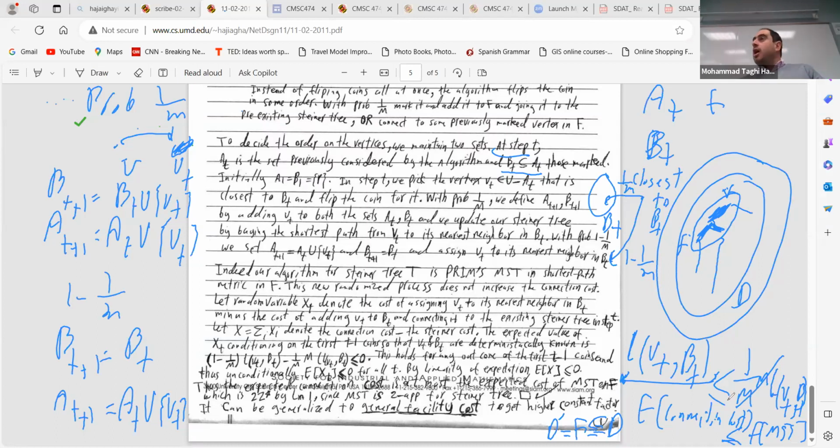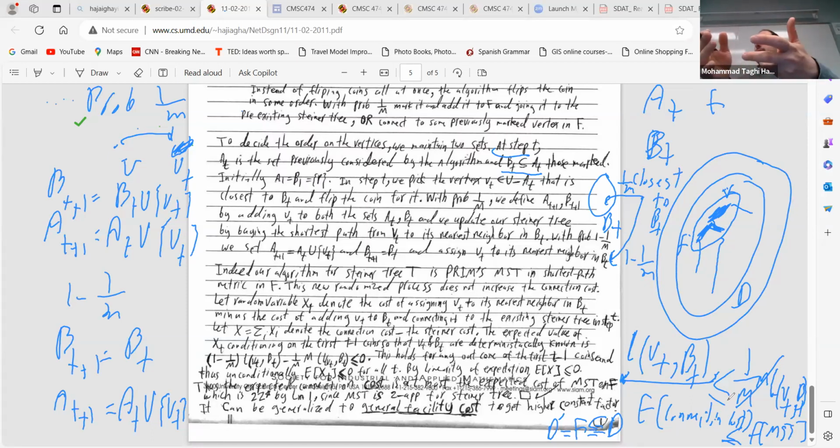But because this is a random process, the expected cost of this spanning tree would be greater than the expected connection cost. This is because with probability 1 minus 1 over m it goes outside, but for those vertices for which I'm paying the connection cost, I pay the whole thing, so that factor cancels out.